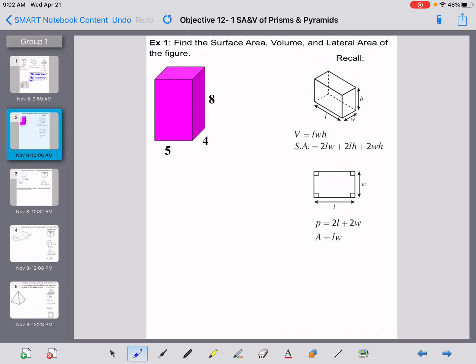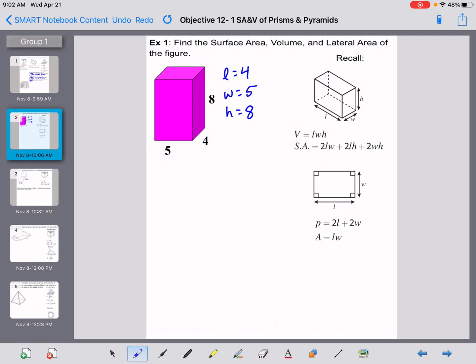So the first thing the problem asks for is surface area. So if I look at my sketch over here on the left, I can see, comparing that to my figure, that my length will be 4, my width will be 5, and my height will be 8.